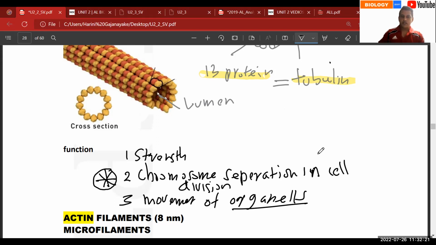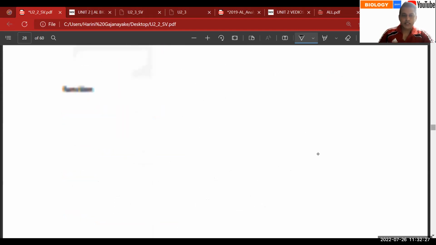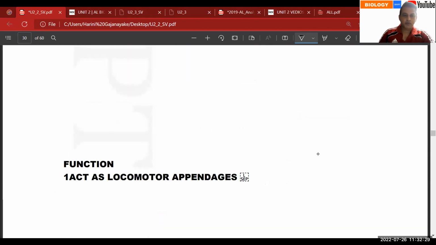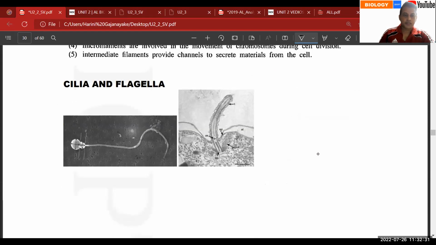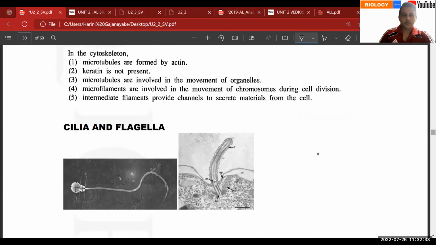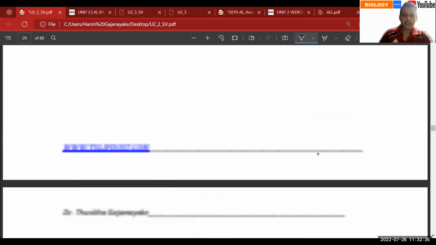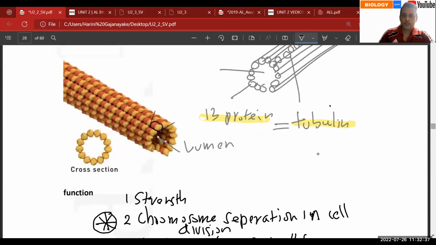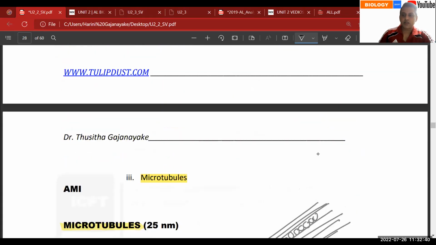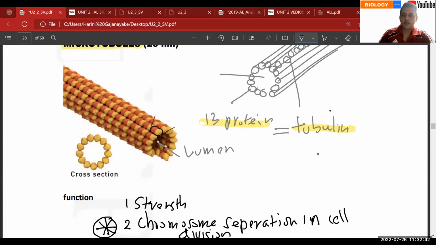And another important thing we're going to learn is cilia and flagella. So it's basically made of microtubules.